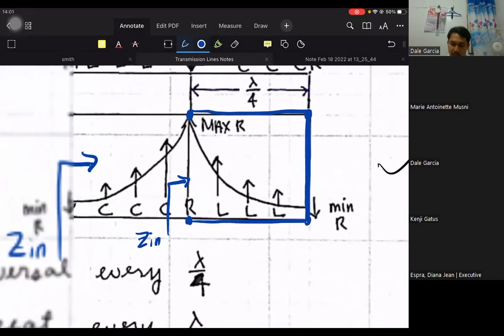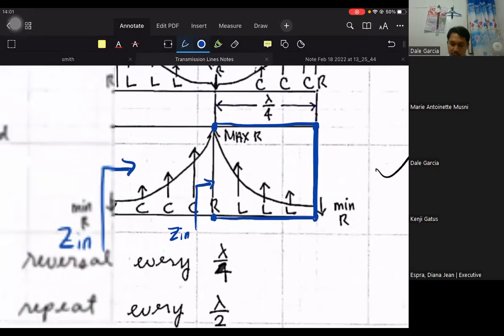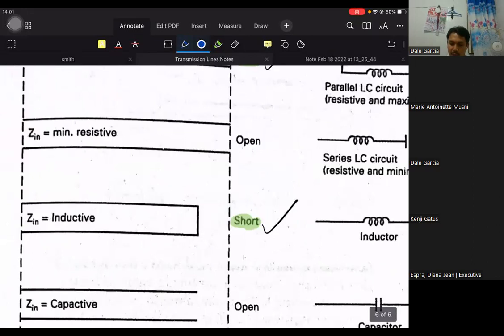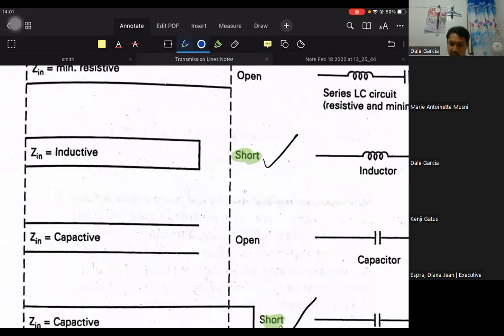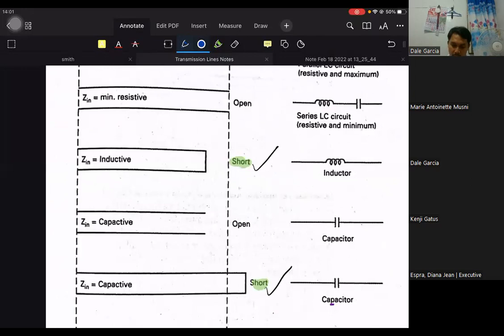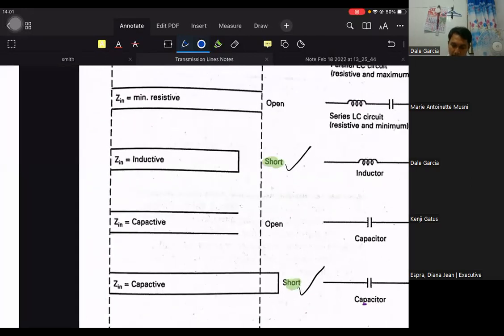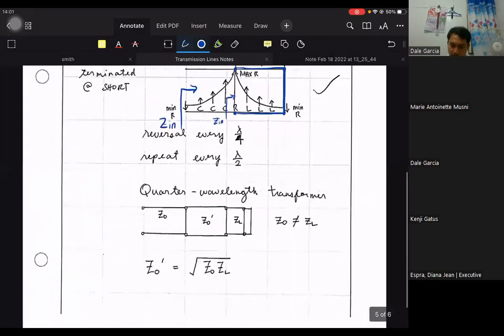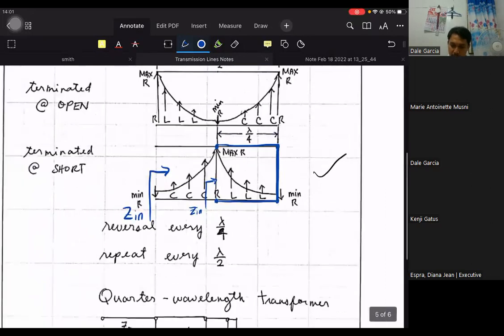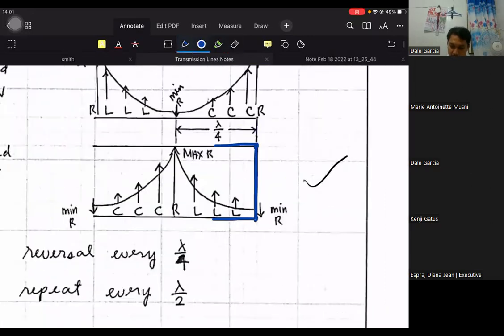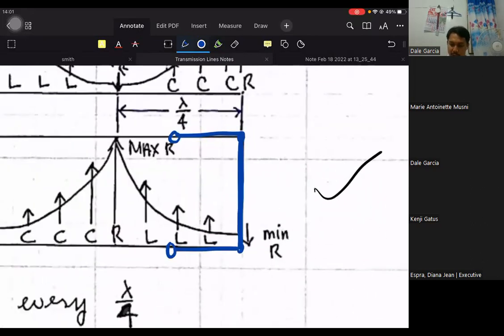Second one: how about shorter than 1/4? This is an example of a transmission line shorter than 1/4 wavelength, where the input impedance is inductance of decreasing value.